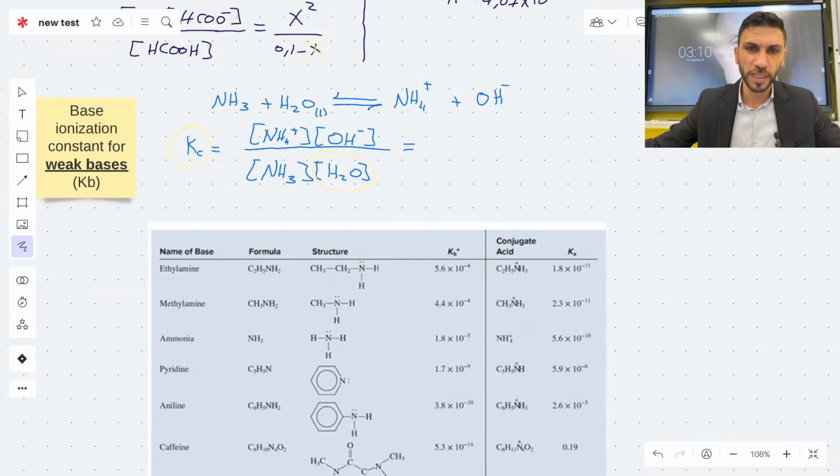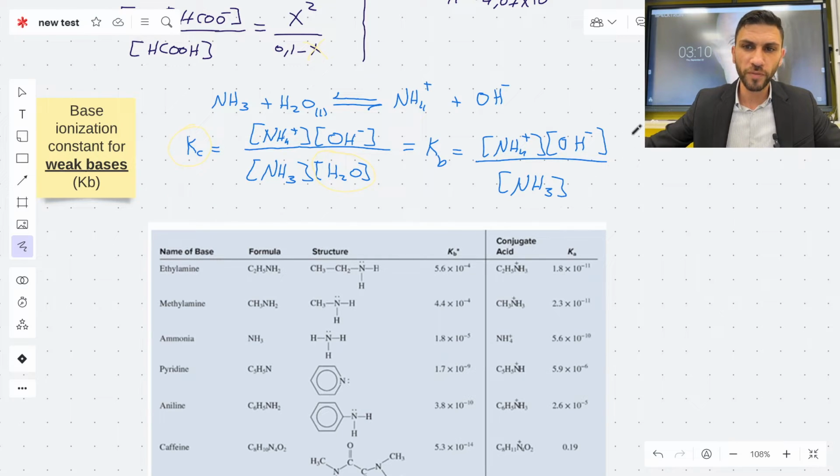So Kb now equals the concentration of NH4 positive multiplied by the concentration of OH negative divided by the concentration of NH3. All of them should be at equilibrium.